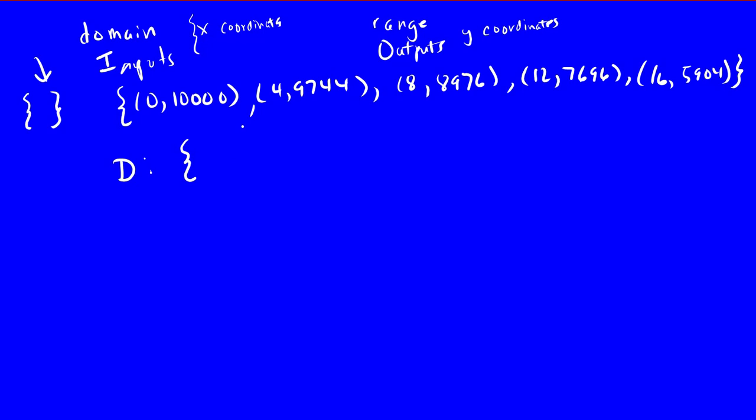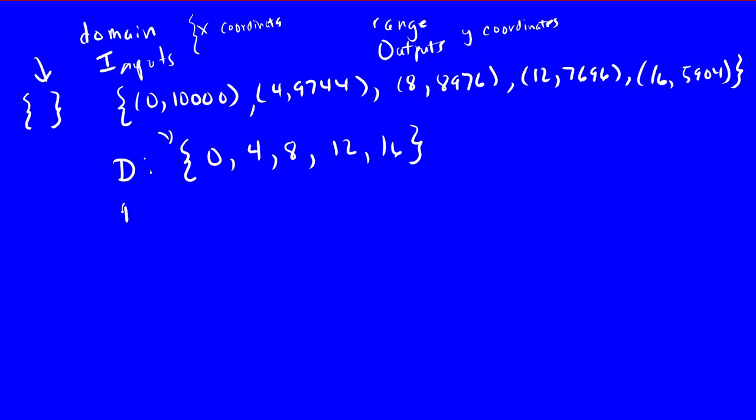So the values are 0, 4, 8, 12, and 16. Those are my x coordinates. That's our domain values, and we use the set notation to indicate those numbers.